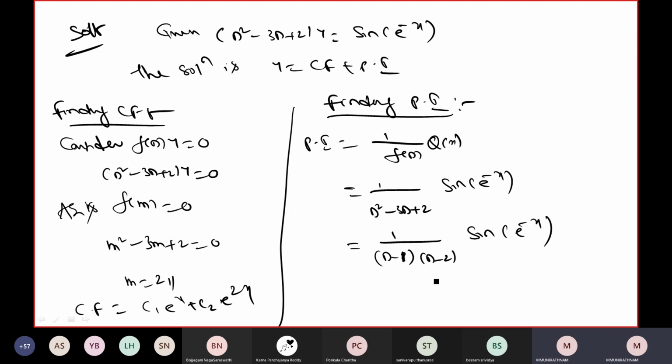Now we go for partial fractions of this part. 1/((D − 1)(D − 2)) by partial fractions.